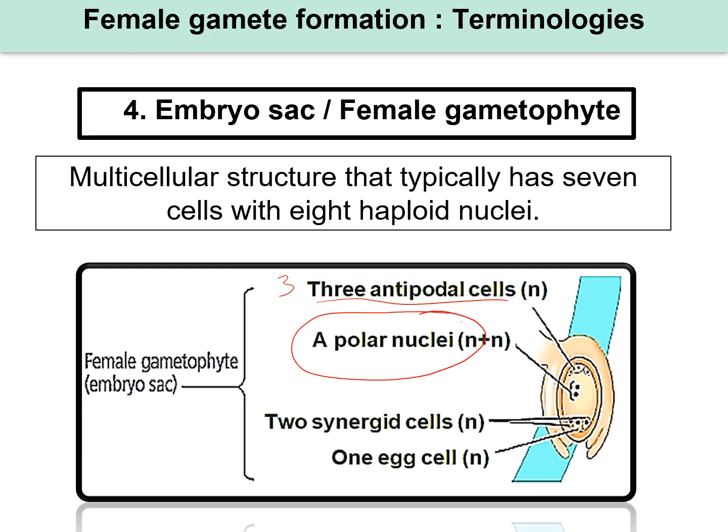This is 3, 1. And then 2 synergid cells and 1 egg cell. So 3 plus 1 plus 2 plus 1, it should be 7 cells. But then it has 8 nuclei because the polar nuclei cell consists of 2 nuclei. So the cell is a polar nuclei cell, but it has 2 nuclei.